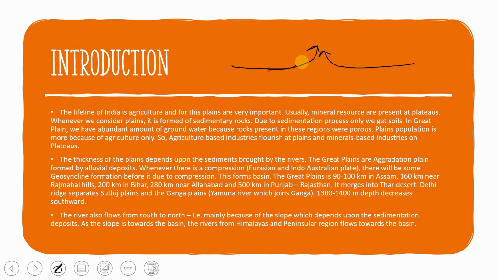Then what happens when this is rising above? One syncline will form on the land like this. One depth is created. Near the mountain region it is okay, but far from the mountain regions also you will find the syncline present. What is a syncline? Let me explain with a better example from the real world.